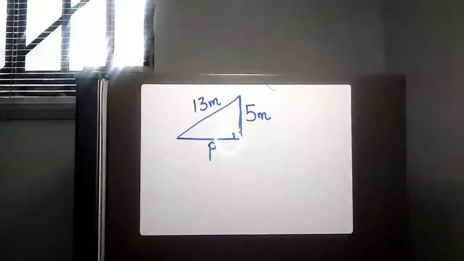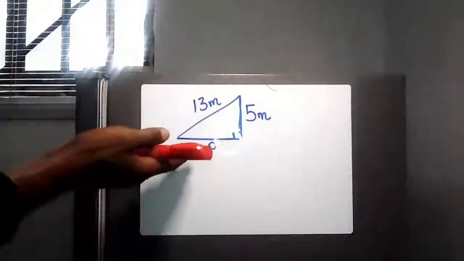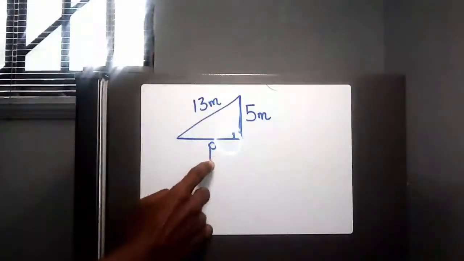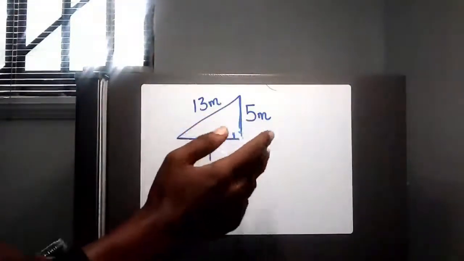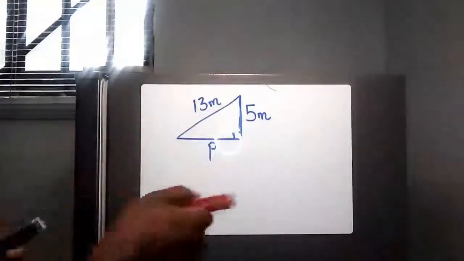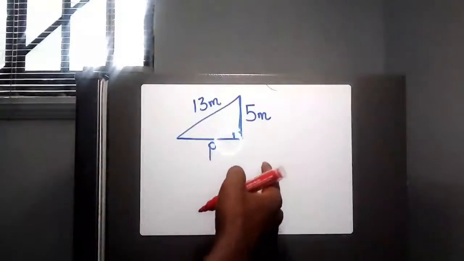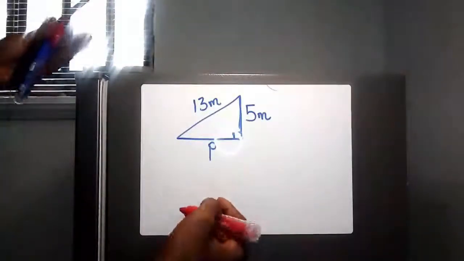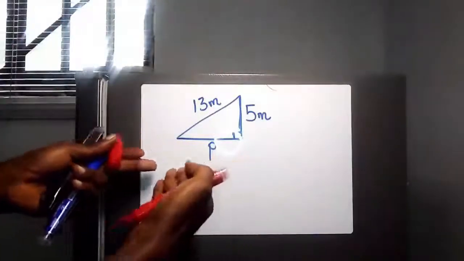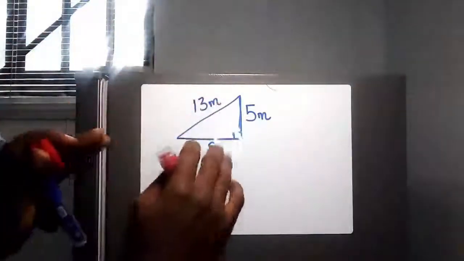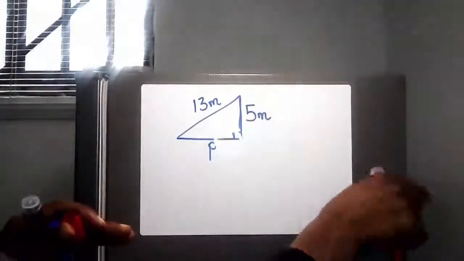So good. How do we solve this? Looking for side p. Pythagoras theorem states that, here realize many people would jump to the conclusion to say p squared equals 5 squared plus 13 squared, because that's what we've been doing. The unknown part is always what we take first. But no, stick to Pythagoras theorem, which says the square of the hypotenuse.